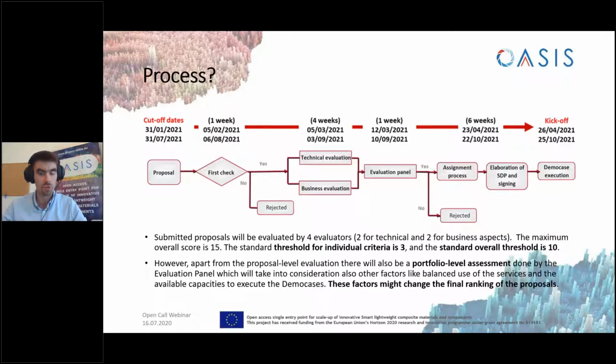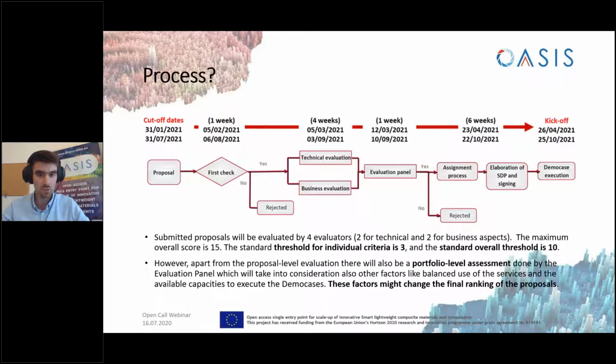So also the prioritization of SMEs. But apart from that, we'll also be looking at the kind of services that the applicants are asking for, how many from which service providers, and what is the mix of the available capacities that we have within the consortium to execute the demo cases. And these factors might affect the overall, final ranking of the proposals.